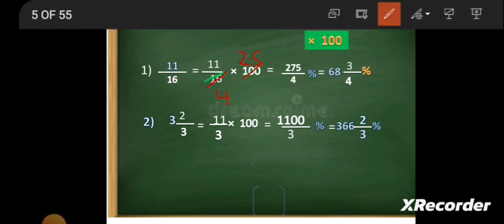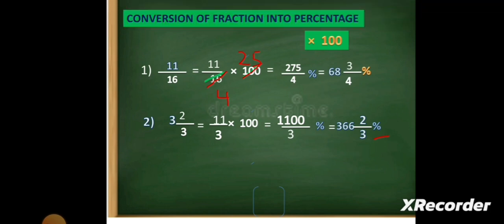इसमें लोग ज़्यादातर क्या गलती करते हैं? They don't write percent sign. परसेंट का सिंबल लिखना भूल जाते हैं while converting fraction into percentage. To avoid it, we can solve by another method. What is it? Let's see.